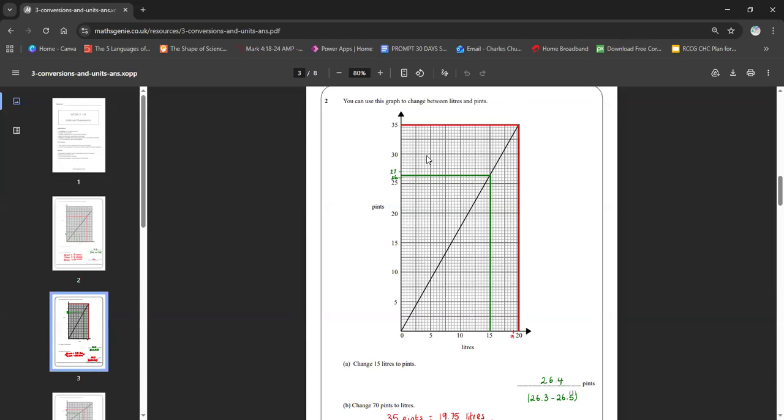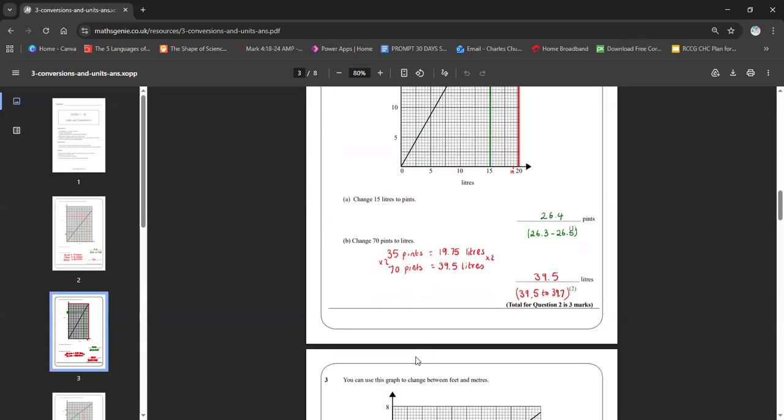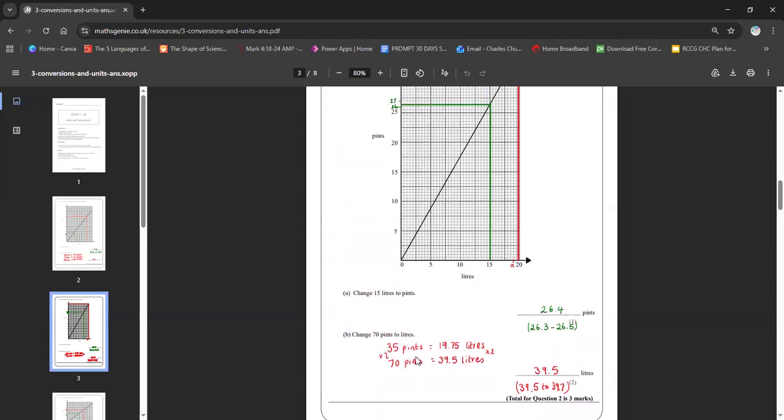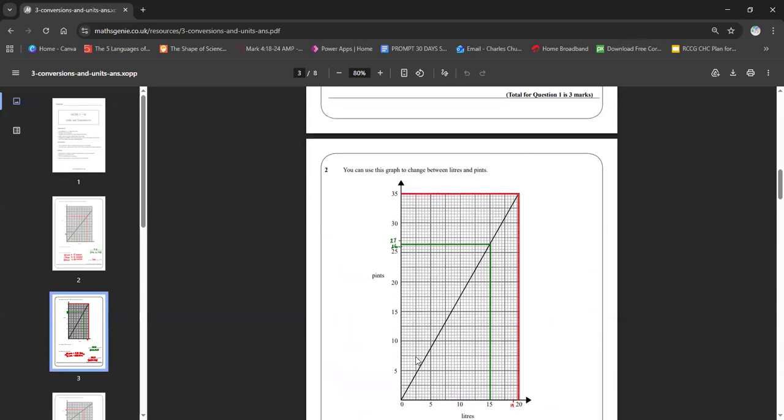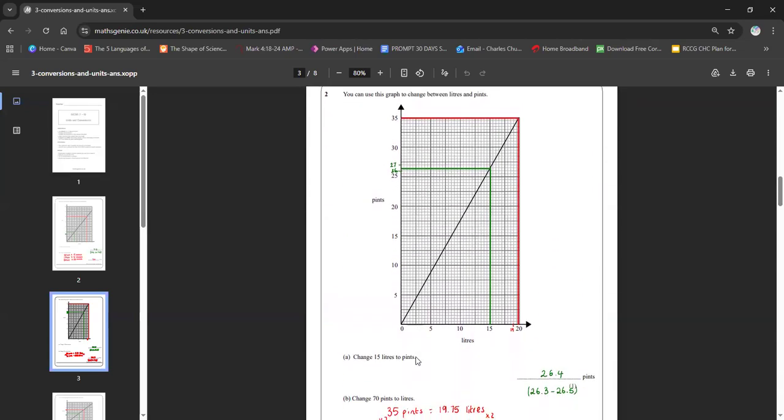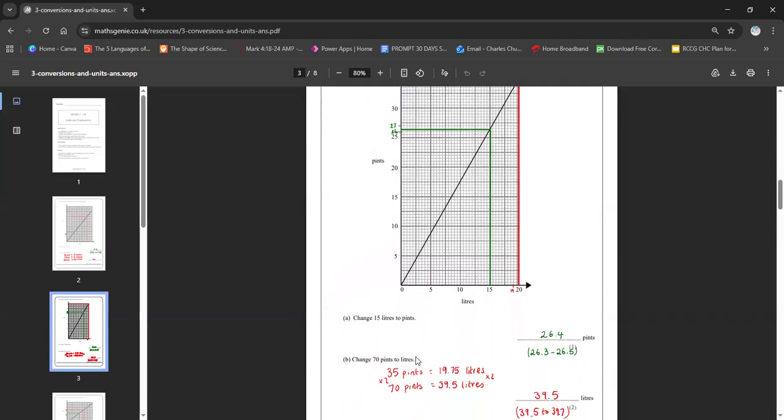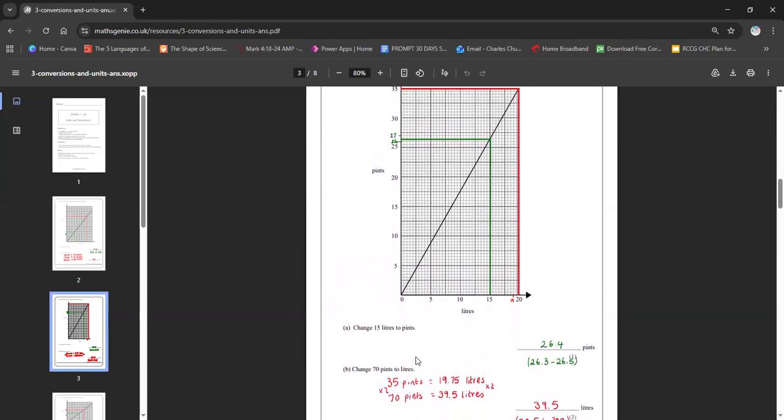All right, so let's do the second exercise. What does the second question say? The second question says, change 70 pints to liters. And you can see clearly 70 is not anywhere here. So what would you do to get 70?